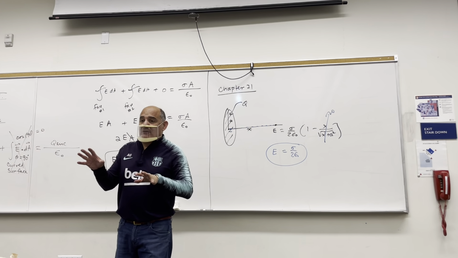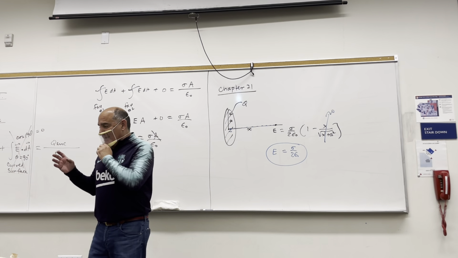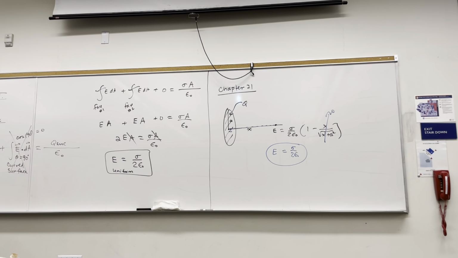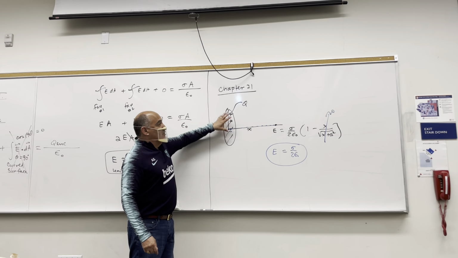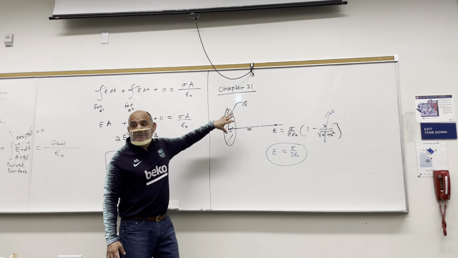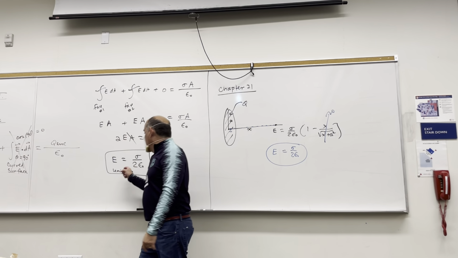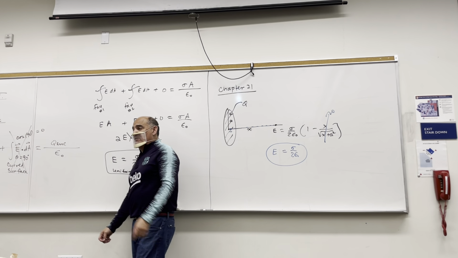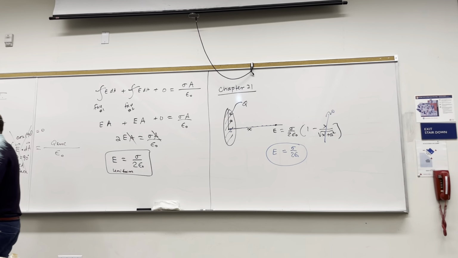And I said, we're going to do this problem again using Gauss's law when you are very, very close to the disk. So close that this disk looks like it's infinitely big, and we should get this result. And that is what we got. So look in your notes and check.